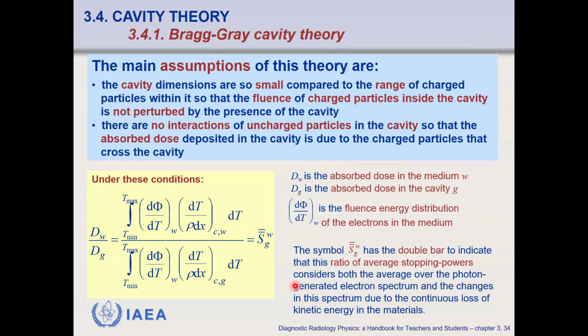Okay, so no interaction of uncharged particles. We saw the equation here. So the s again represents a ratio, the ratio of average stopping powers, the stopping power of the material for the medium or for the cavity.